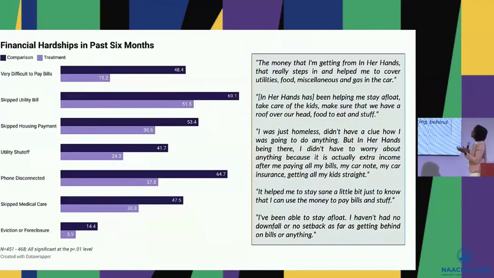It's important to note that, again, the participants related that the in her hands payments helped them to stay afloat, take care of kids, and make sure that they had a roof over their head. But there were still times where, as these participants were catching up on bills, that they still experienced certain hardships. Next slide.